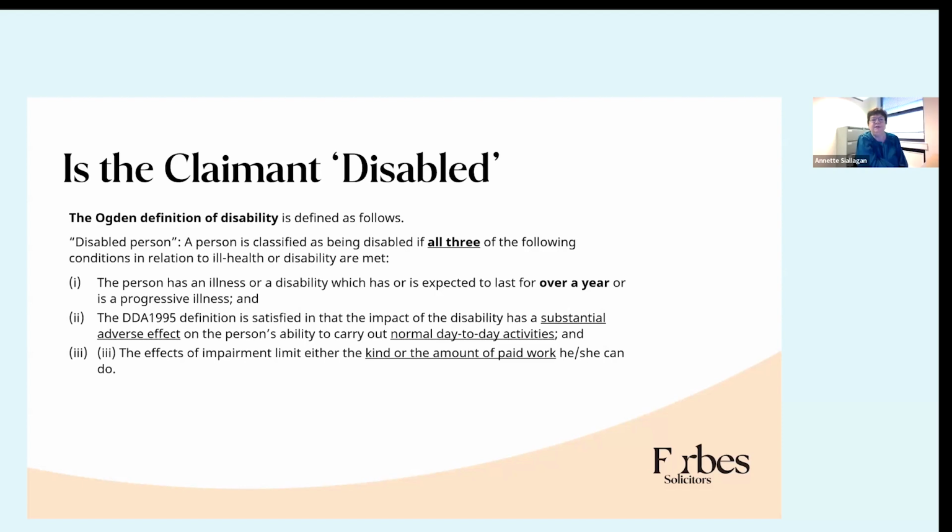They also satisfy the DDA definition in that it has a substantial adverse effect on their ability to carry out normal day-to-day activities. And the third one is the effects of the impairment limit either the kind of or the amount of paid work he or she can do. So you have to satisfy all three to meet the conditions.